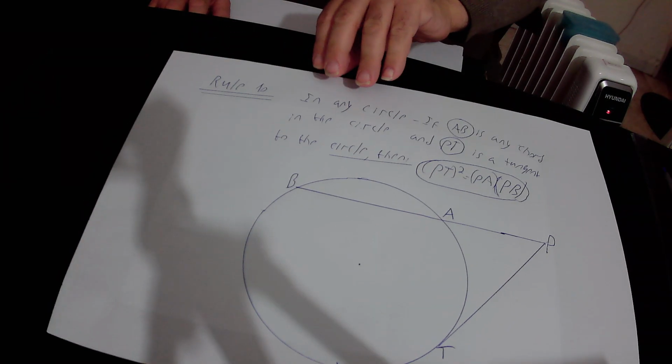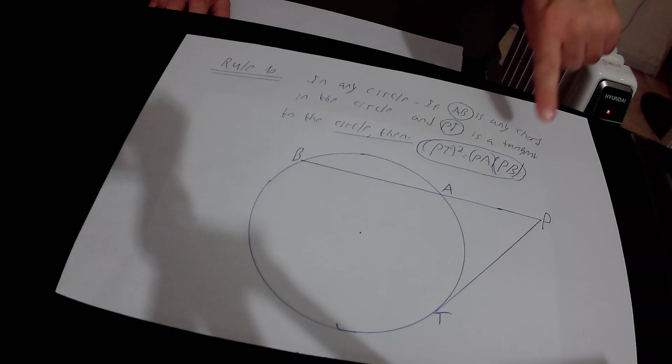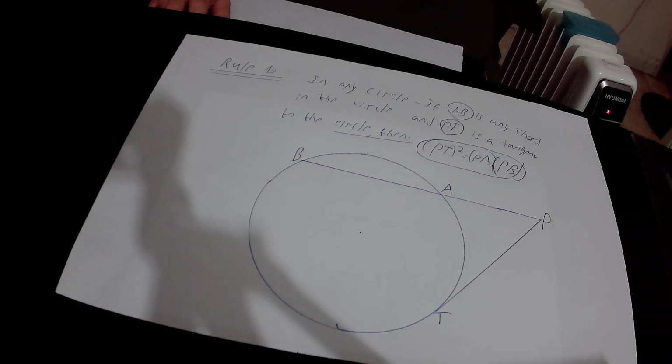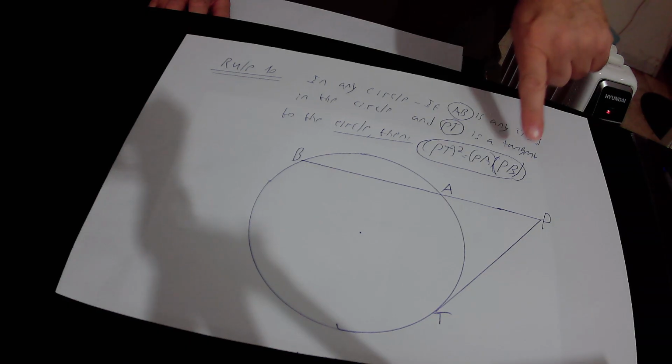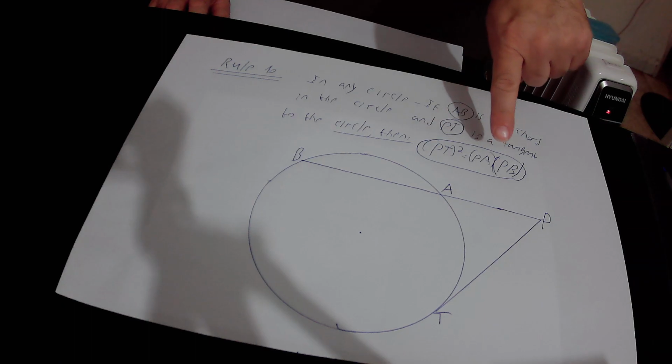According to rule number 10, in any circle, if AB is any chord in the circle and PT is tangent to the circle at point T, then the following equation is true: PT square equals PA times PB.